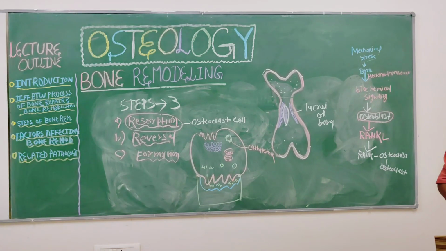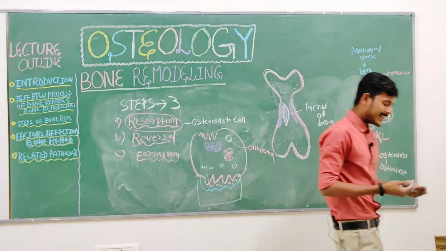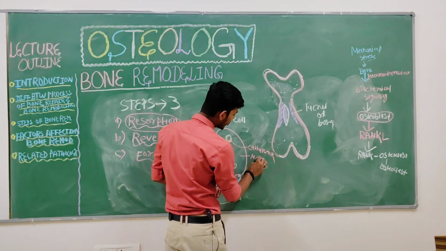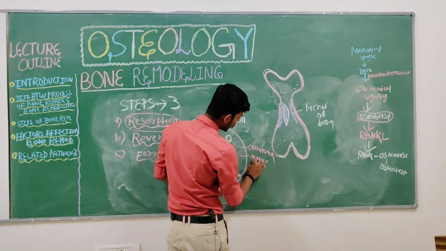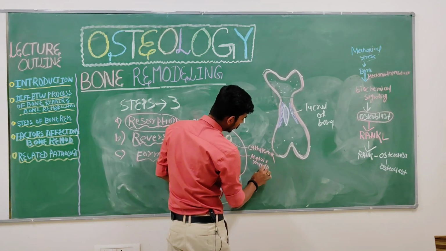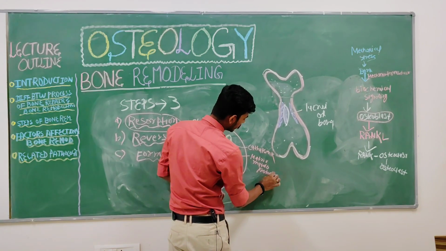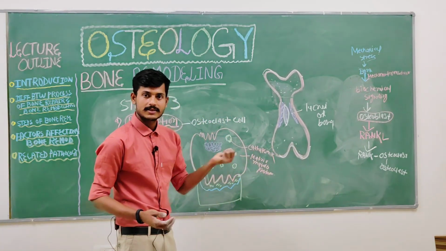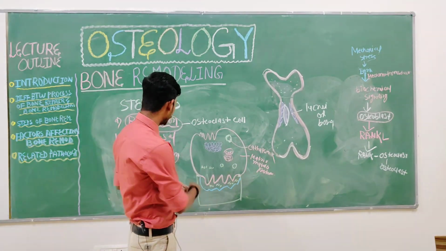For example, one enzyme, as I said, is cathepsin K from the lysosomes. They are also secreting some acid enzymes called matrix metalloproteases. Understanding? They are just digesting the protein parts, we can say the collagen fibers in the bone.